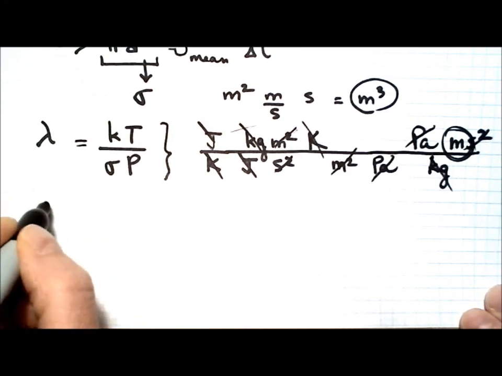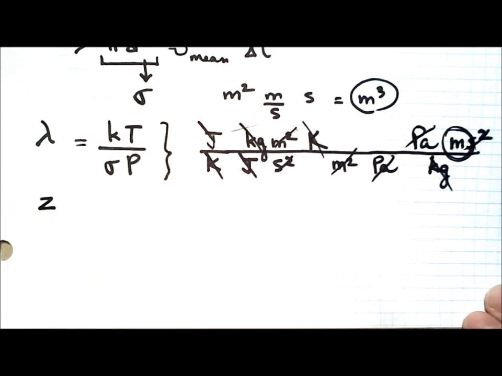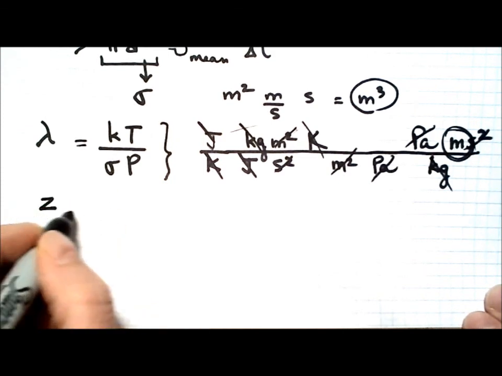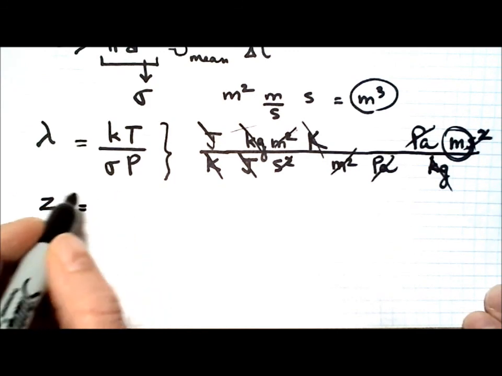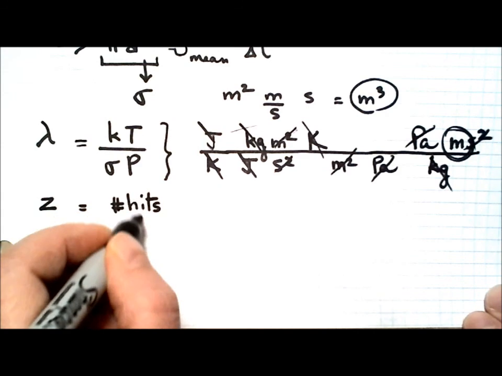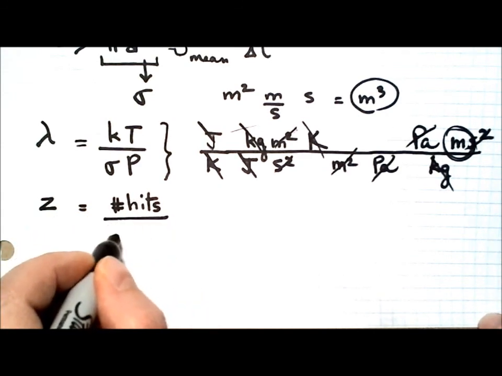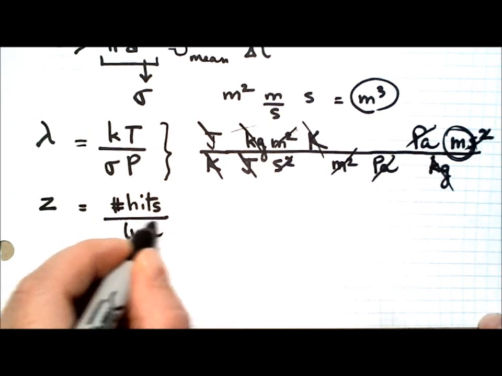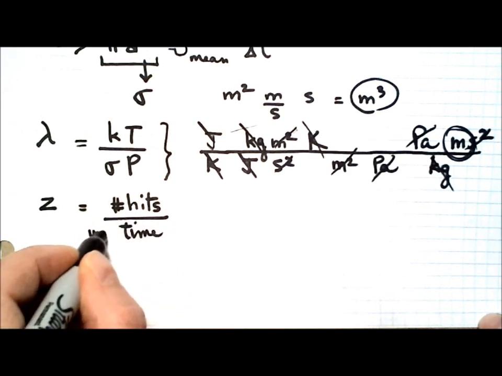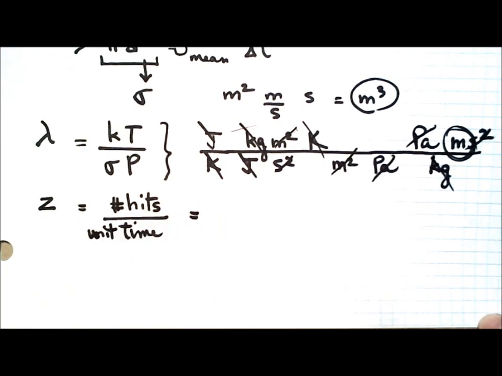And then our last variable that we should know is a small case z, and that's our collision frequency. A collision frequency would be equal to the number of so-called hits, like we sketched in the collision tube, per unit time. Let's think about the tube for a second. How do I calculate the number of hits?